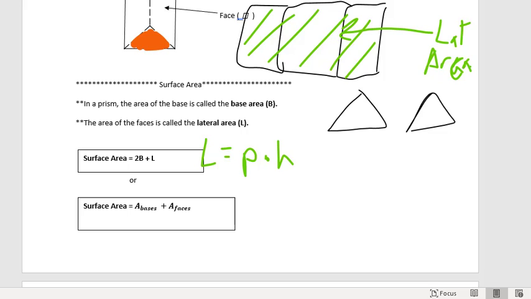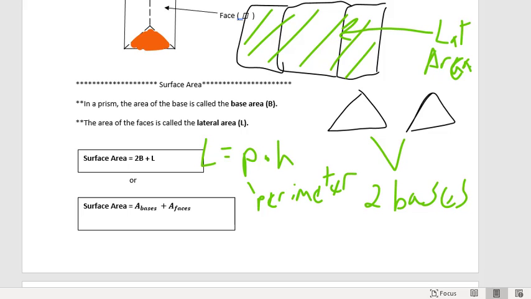Okay, so our surface area is going to be the 2b, or 2 times the bases, and depending on the type of prism we have, we'll use whatever area formula for that, plus the lateral area, which is perimeter of the base times the height.